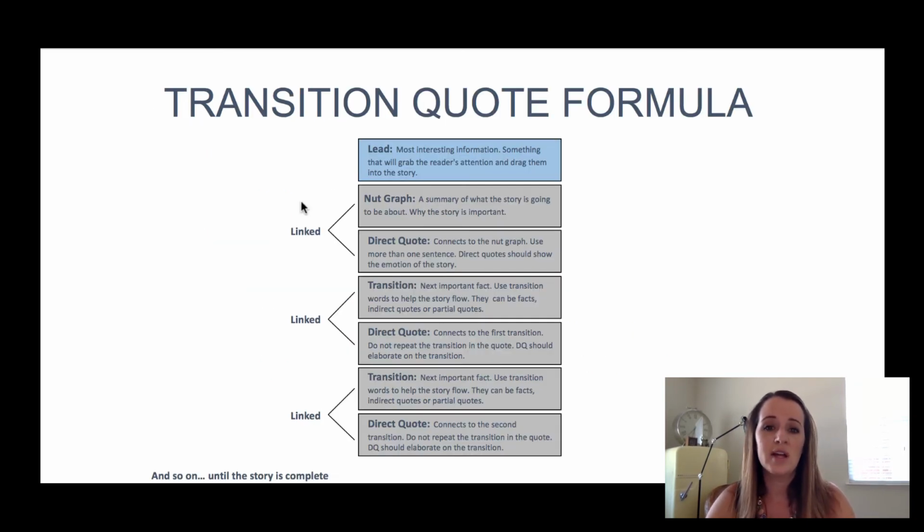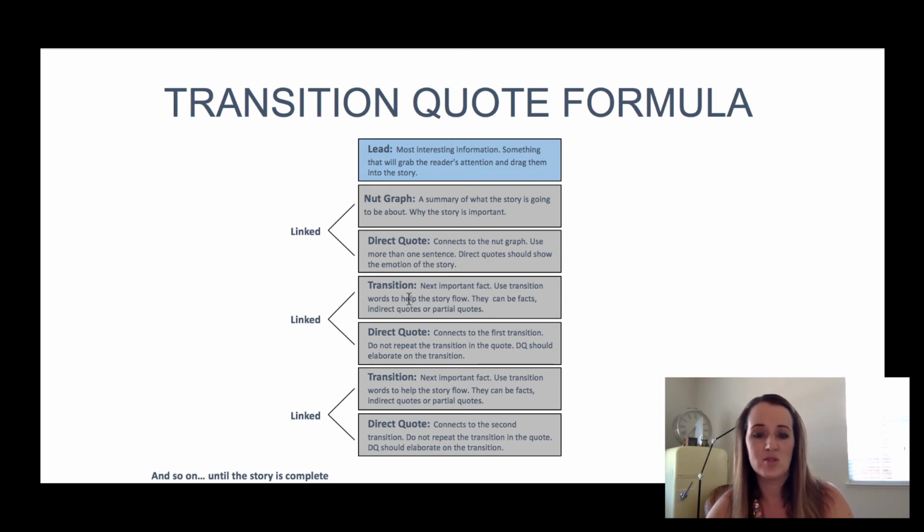All right, so when you're writing body copy, here is the formula that you can use. You're going to start off with a lead, then a nut graph, nut like squirrels, a summary of what the story is going to be about and why the story is important. Then you go into a direct quote from someone you've interviewed.